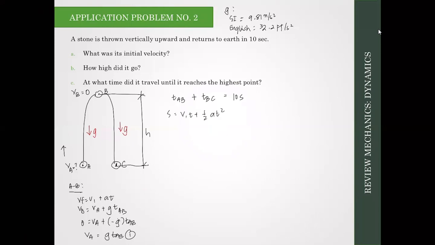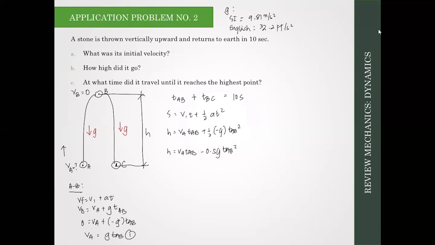So applying dito sa AB natin, this will be H is equals to VA TAB plus 1/2 negative G TAB squared. Okay, so we will have H is equals to VA TAB minus 0.5 G TAB squared.